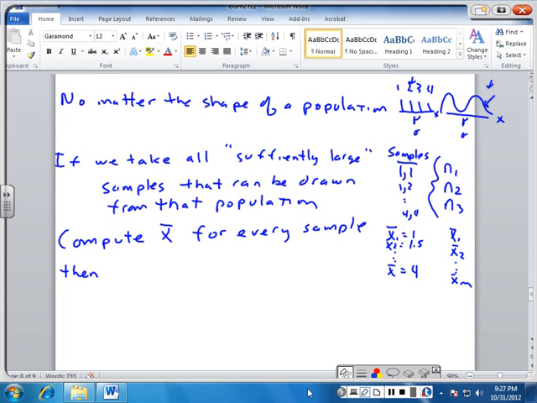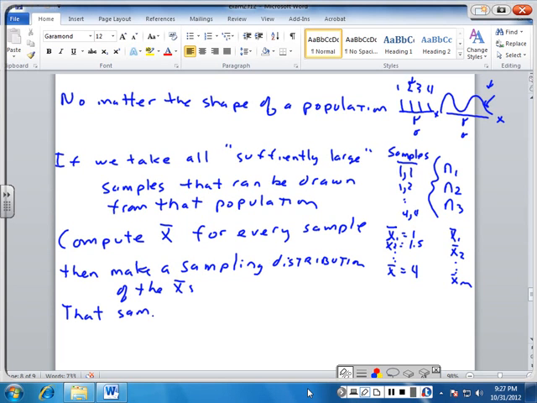Then make a sampling distribution of the x bars. That sampling distribution will be a bell curve.